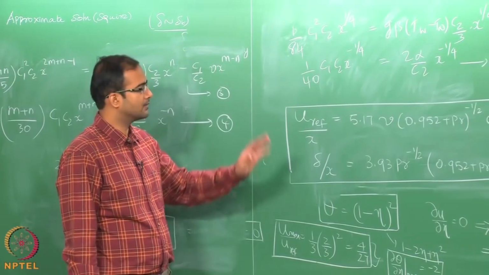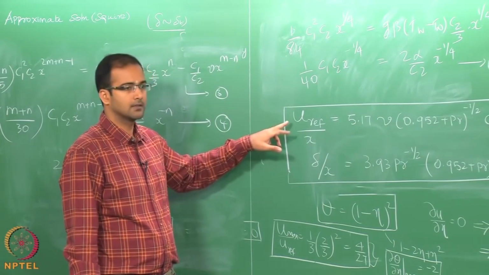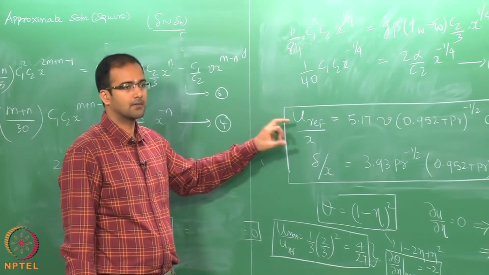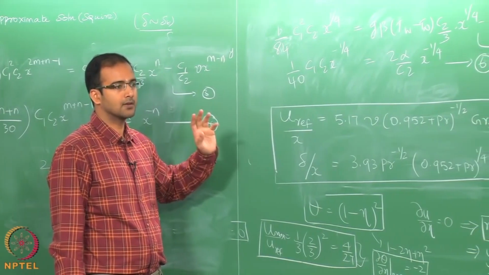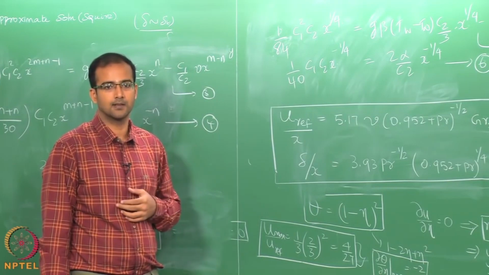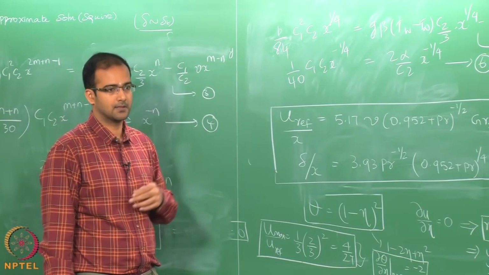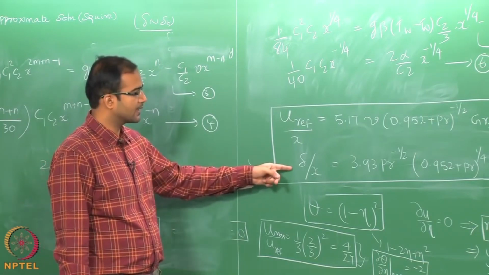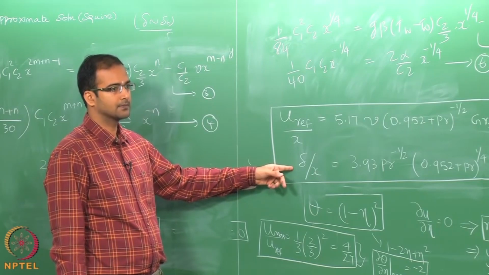Okay. So for a given local Grashof number and Prandtl number, you can get the exact value of u reference. Okay. Now, you see that u reference is actually a function of x. So there is nothing like a constant reference for the entire plate. At each location the u reference changes. Okay. And similarly, the corresponding variation in the boundary layer thickness is also obtained.